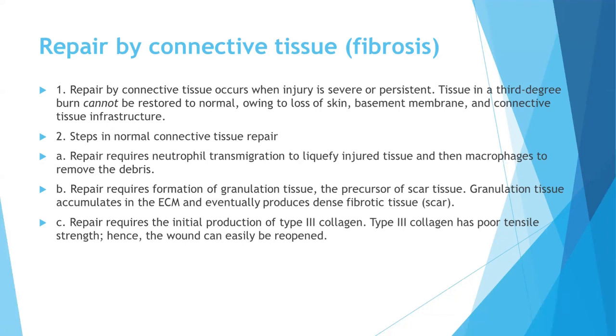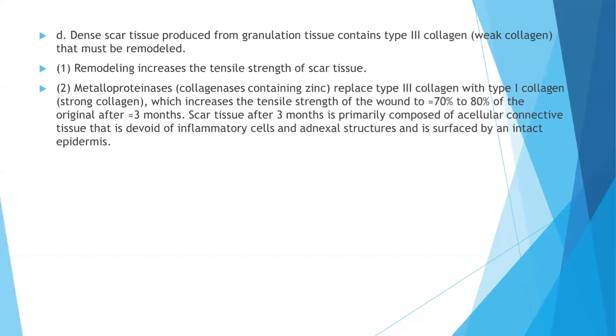Now, the repair requires initial production of type 3 collagen. This type 3 collagen has a poor tensile strength and hence the wound can easily be reopened. Then there comes the dense scar tissue, which is produced from the granulation tissue, which contains the type 3 collagen that must be remodeled. Now, that weak type 3 collagen, this remodeling increases the tensile strength of that scar tissue.